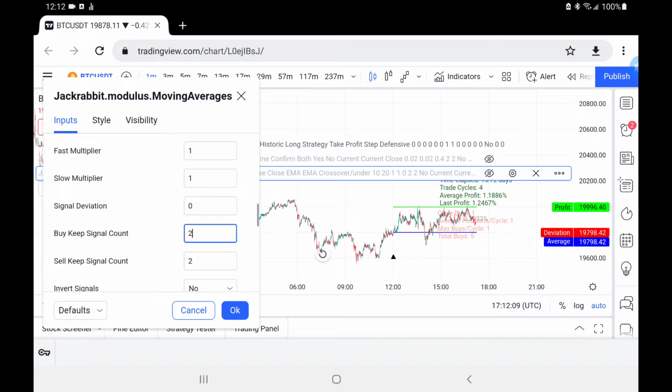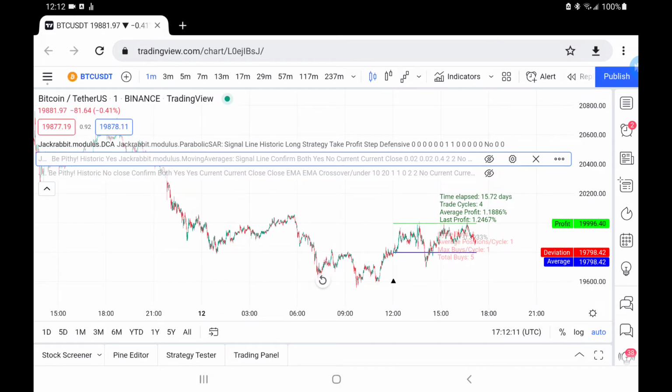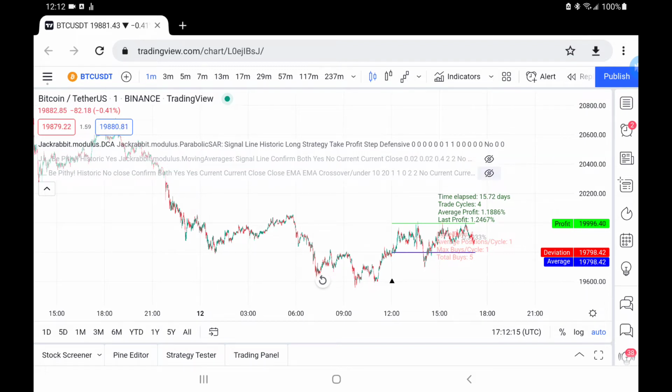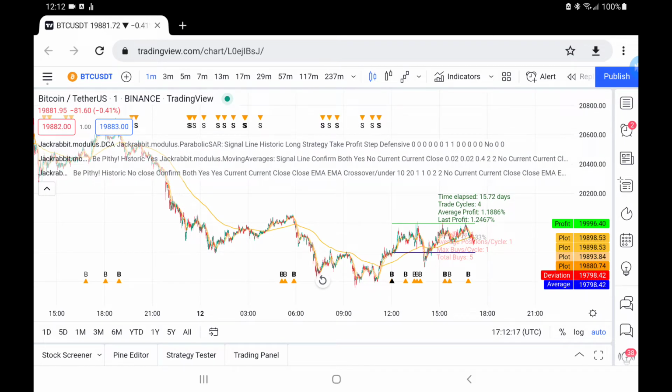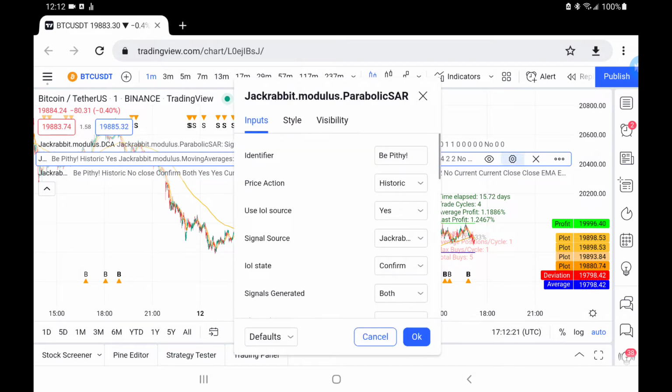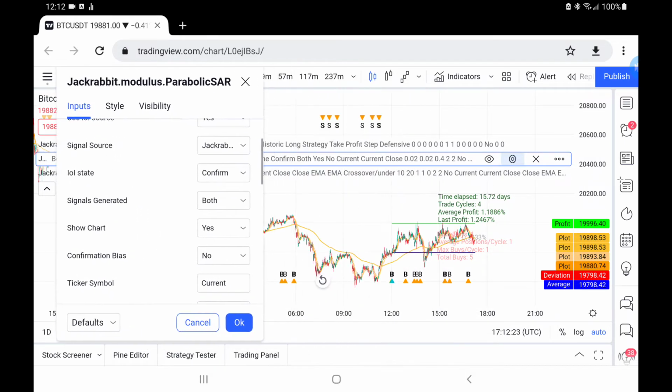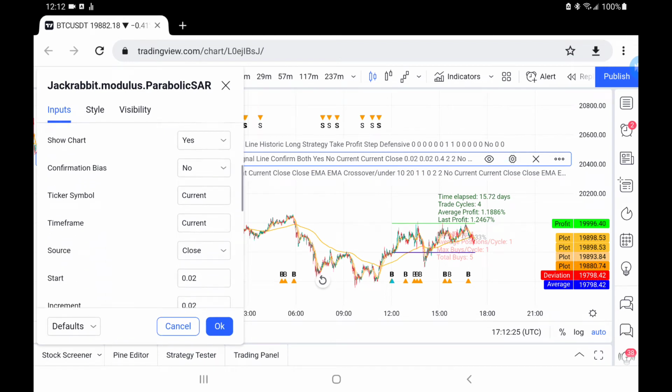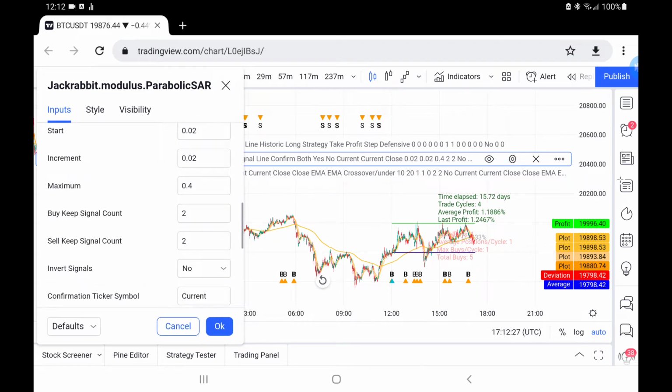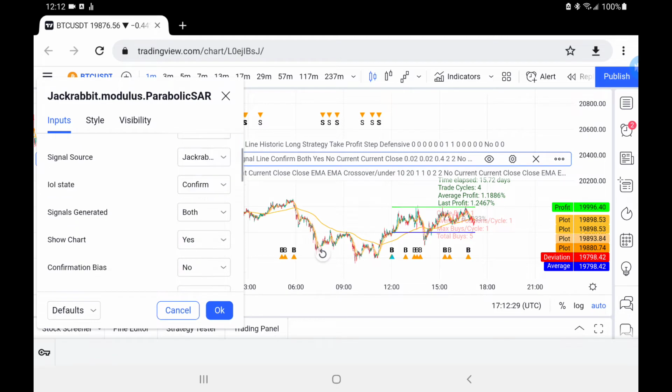The same is true for the Parabolic Stop and Reverse. Let's move this box over. And here we have 2 for buy. Let's move up to 3.